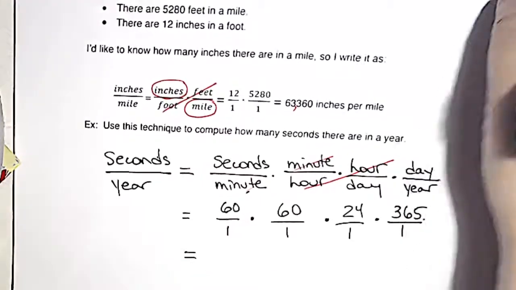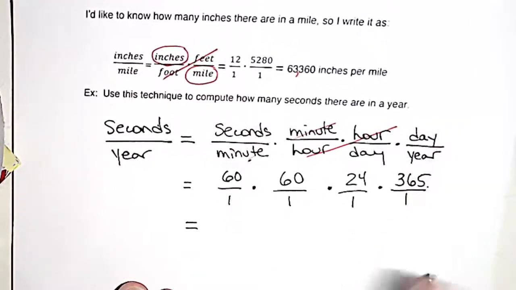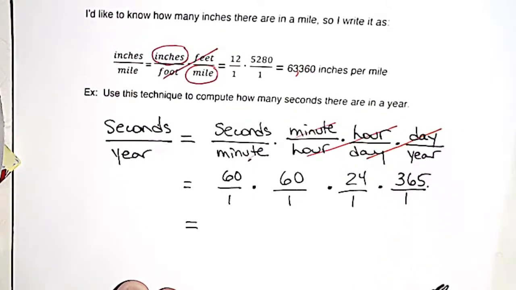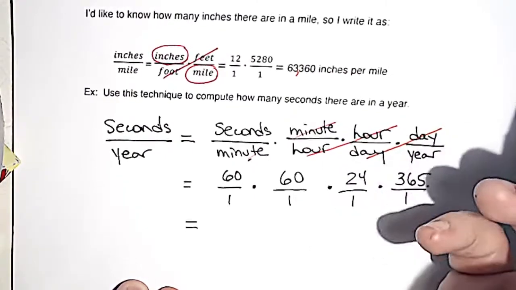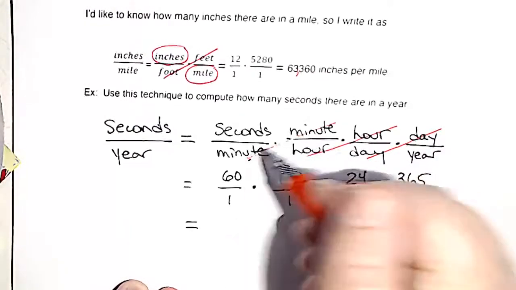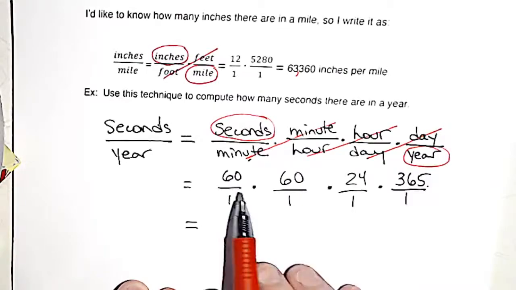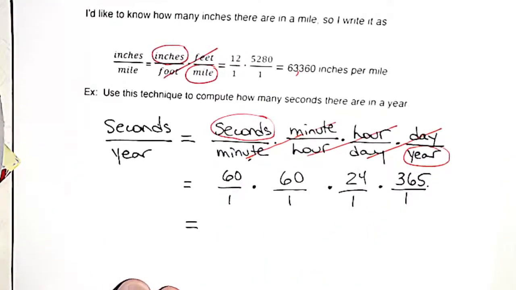Okay. So do you see how I've used the fact that denominators and numerators cancel, and all I have left now, this didn't go all the way through, is seconds per year from setting up this string of multiplication.